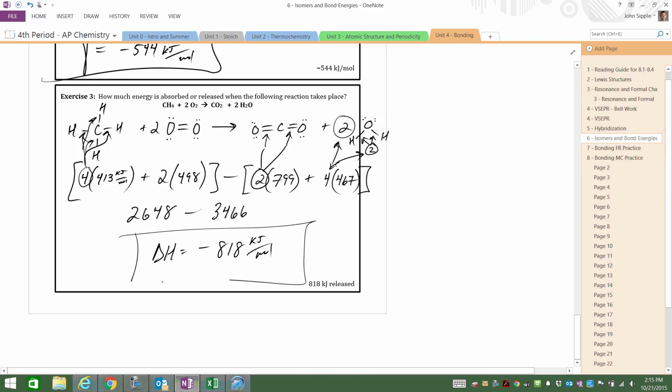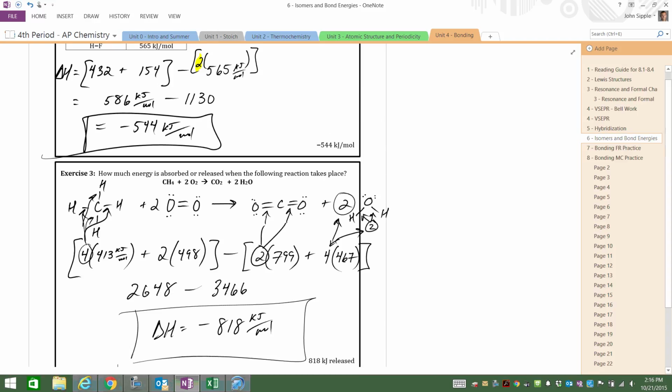It's negative, heat is being released. You just count up the number of bonds, regardless of what type of bond it is, like a double bond. You just look up the value for that particular bond and then find how many of those I have. Like if there was a 2 in front of CO2, I'd have a 4 here. If there's a 2 here, that means I've got 2 CO2 molecules, which means I've got 4 C double bonded O bonds to look at.